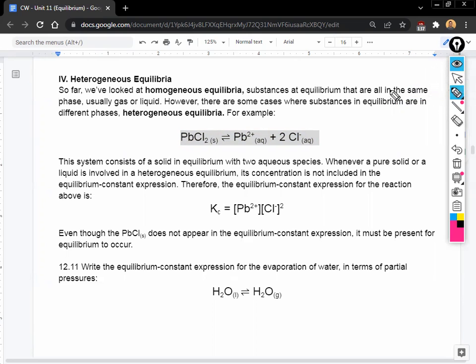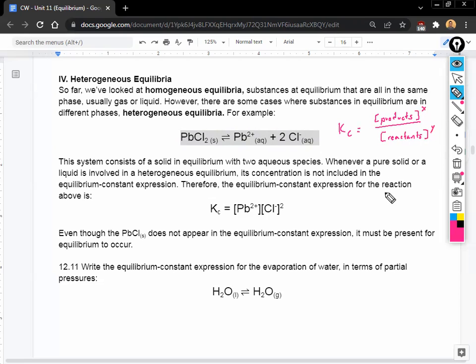Okay, so if we take a look at this reaction, we talked about when we wanted to write the equilibrium constant, usually we put the concentration of the products on the top, and then we put the concentration of the reactants on the bottom, right? This is just general equilibrium constant stuff. We've been talking about this for a while. You guys remember this?